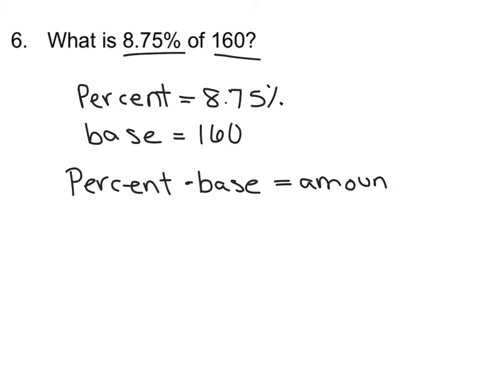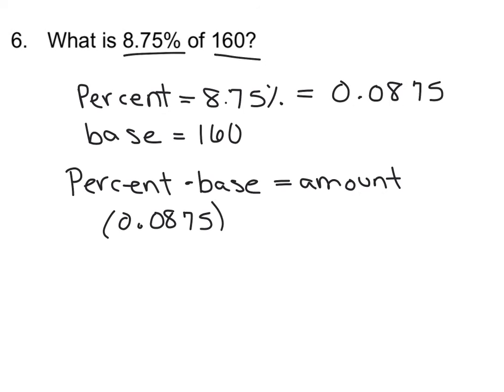Before I substitute the percent into the equation, I must convert it to a decimal. So I'll divide 8.75 by 100. When I do that, I get a decimal of 0.0875. So my equation is 0.0875 times 160 equals the amount.